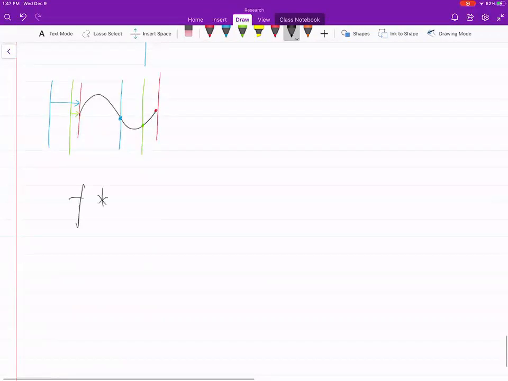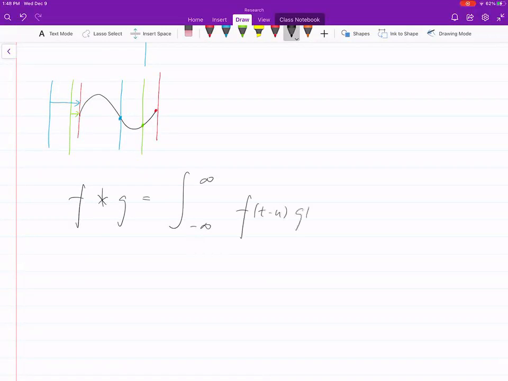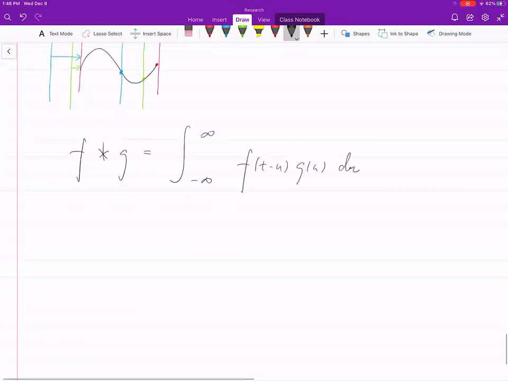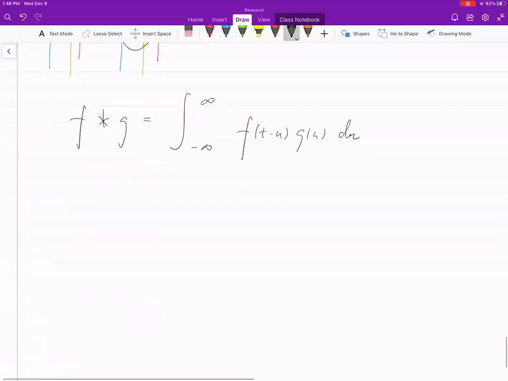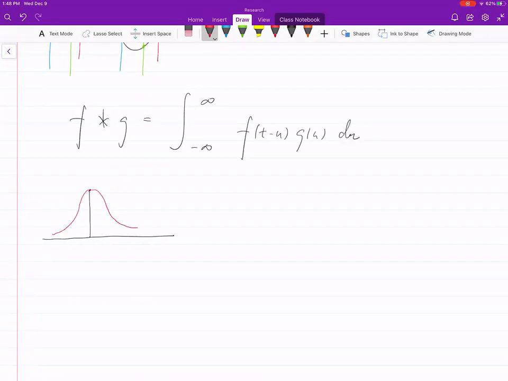I can give you another example. You can think about this as, let's just do negative infinity to infinity. So what is this? Think about it. Whenever you put a heat source here, the heat decays, which means the further you are from the heat source, the less heat you receive.